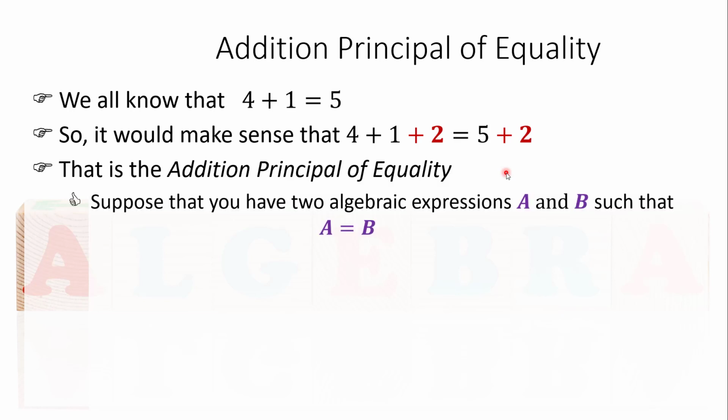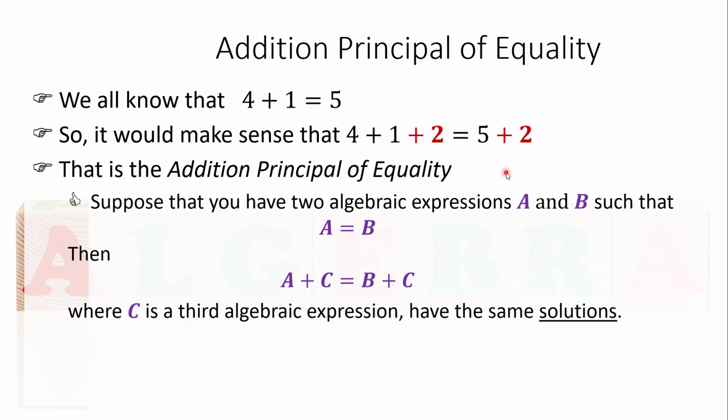Suppose I have two things. We're going to call them algebraic expressions. They can be whatever you want. They can be 4 plus 1. They can be 5. They can be anything. I'm just going to happen to call them A and B. Suppose they're the same. Then that means that if I take a third expression, say C, and I add C to both sides of the equation, it does not change. It still has the exact same solution.